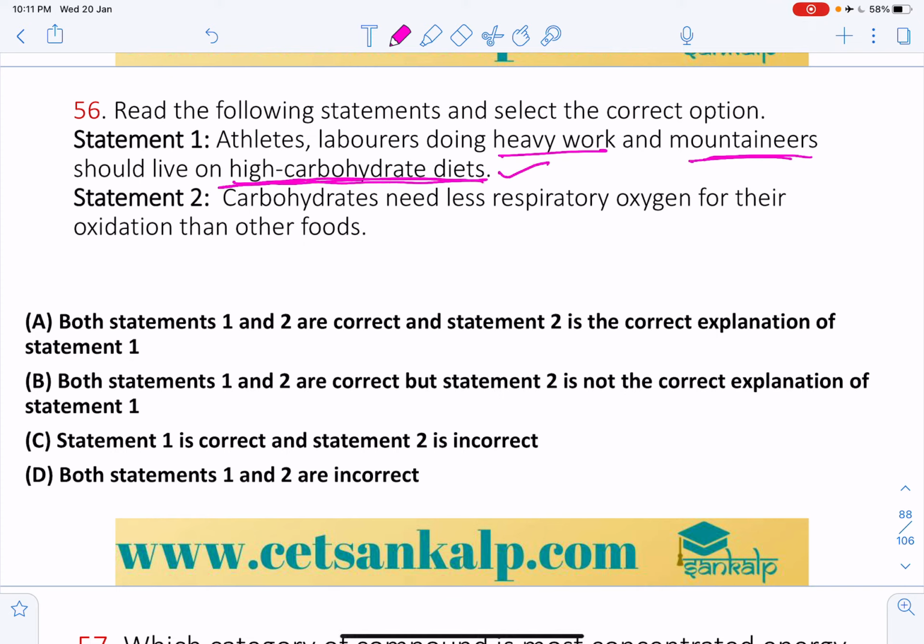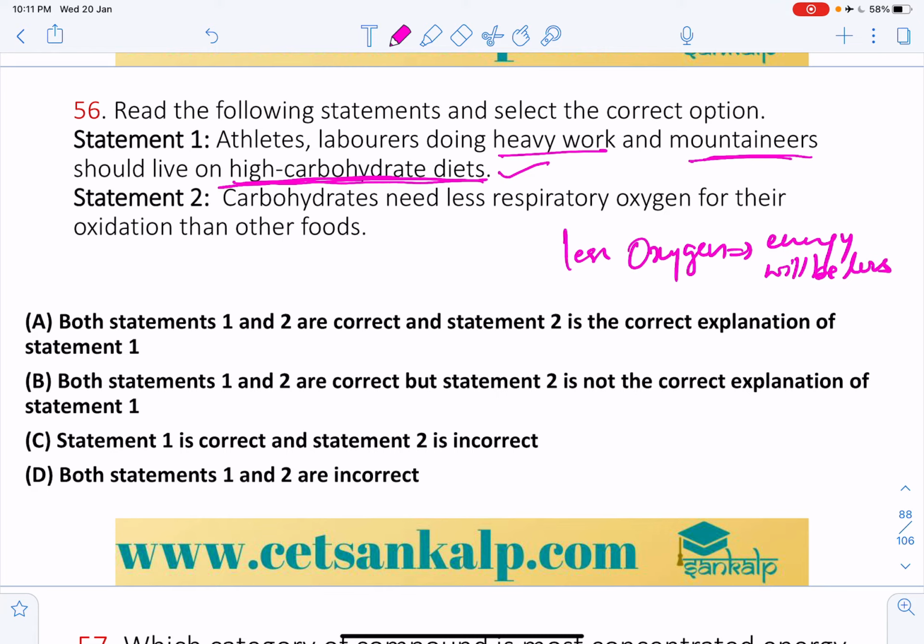Why? Because there will be less availability of oxygen at high altitude, less oxygen supply, and then the energy for oxidation will be less. So hence they should take a diet with more carbohydrate.